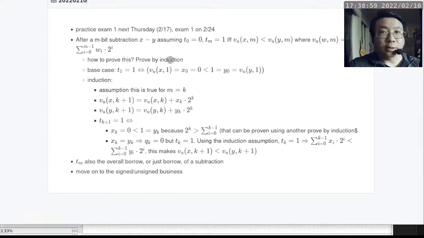So that being said, we're going to move on to this conclusion here. After an m-bit subtraction, x is the minuend, y is the subtrahend. Assuming t0 is a 0, which is appropriate most of the time unless we want to use the subtractor to stack subtractions.